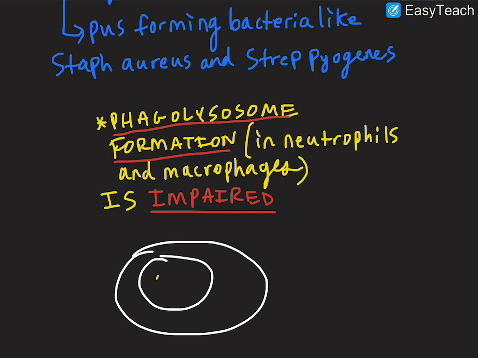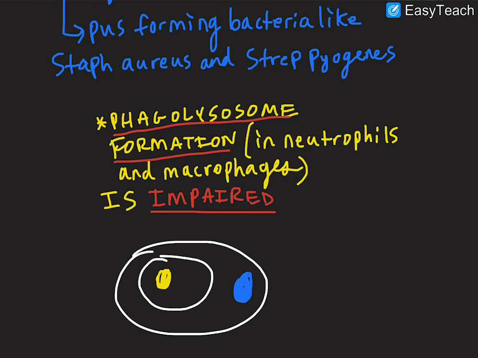It needs to fuse this phagosome with the lysosomes inside of the cell in order to destroy the pathogen. But if you can't do that because you have a defect in moving granules or lysosomes around inside your cell, because of your microtubules, and you can't fuse your phagosomes with your lysosomes, then this pathogen won't be destroyed.